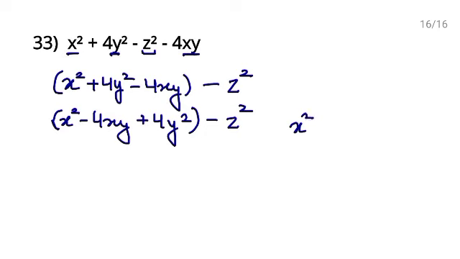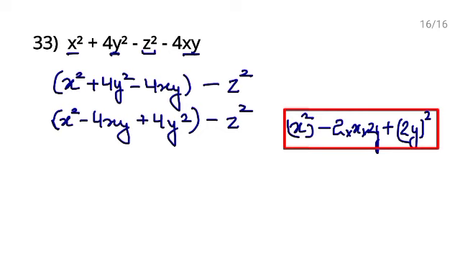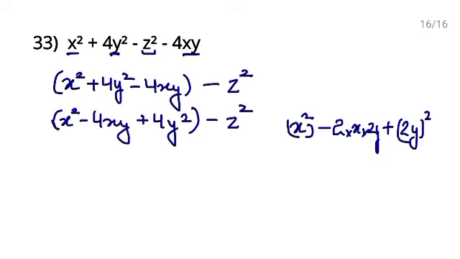So x square, this is a square, plus 4y square can be written as 2y whole square, b square, 2 into a is x and b is 2y, right. So we have written this polynomial, this expression in the form of a square minus 2ab plus b square, and this was the identity of (a minus b) whole square.